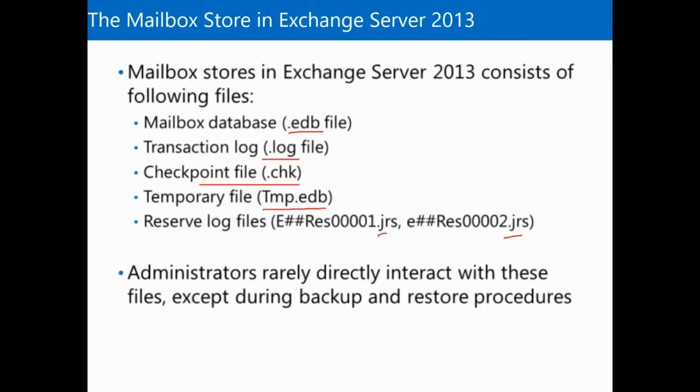For the transaction log, each operation that should be performed on the database, such as sending or receiving a message, is recorded in the transaction log file. These operations are called transactions. Operations that are written to the transaction log are later written to the database itself in an EDB file.